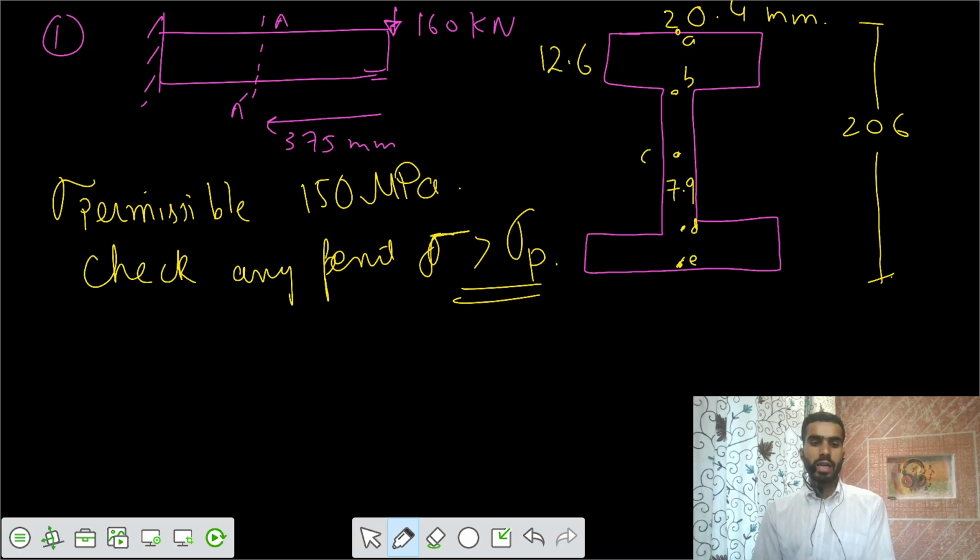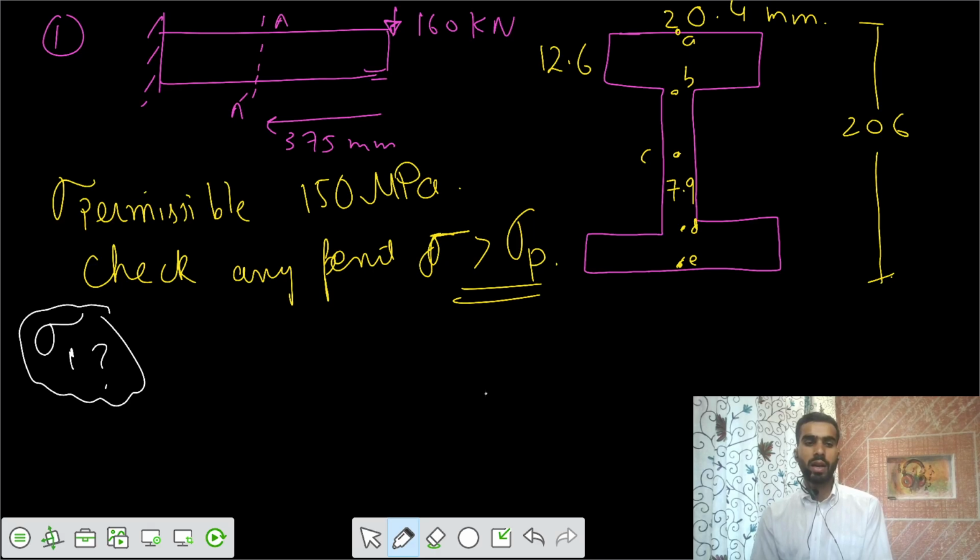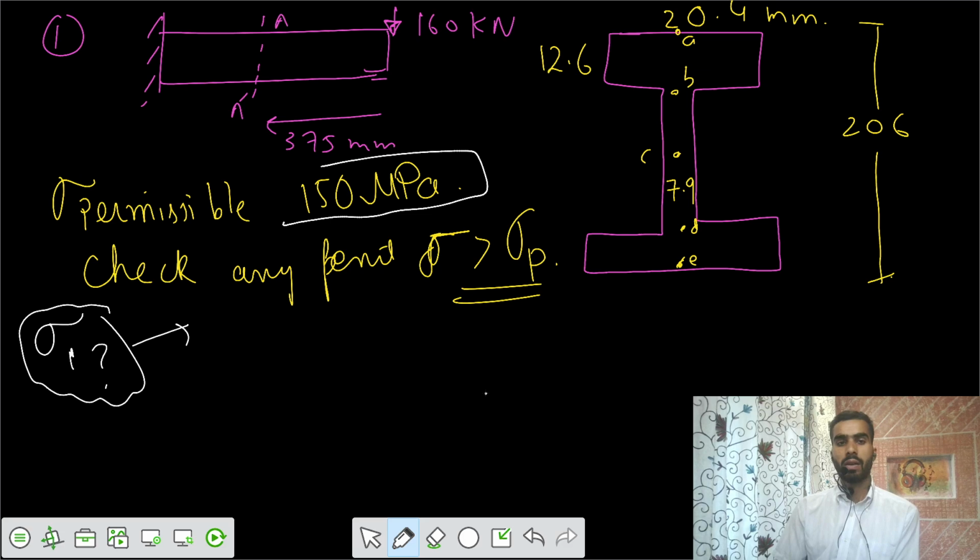So we need to calculate the major principal stress at different points. If I get the maximum stress sigma 1 and compare that with this permissible stress, then I can finally conclude whether there is any point having stresses greater than 150 megapascal.